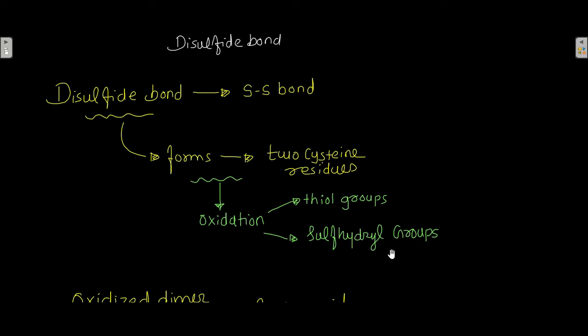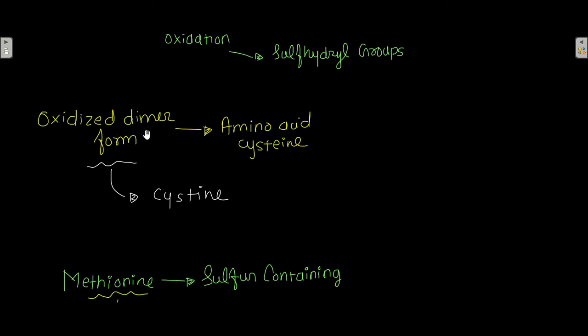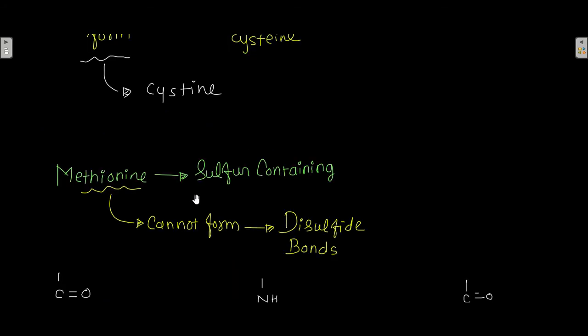Now this oxidized dimer form of the amino acid cysteine is known as cystine. So cystine is two cysteine amino acids connected by the disulfide bond. Okay, that dimer of two cysteine amino acids is known as cystine. Now methionine also contains sulfur, but methionine cannot form the disulfide bond.